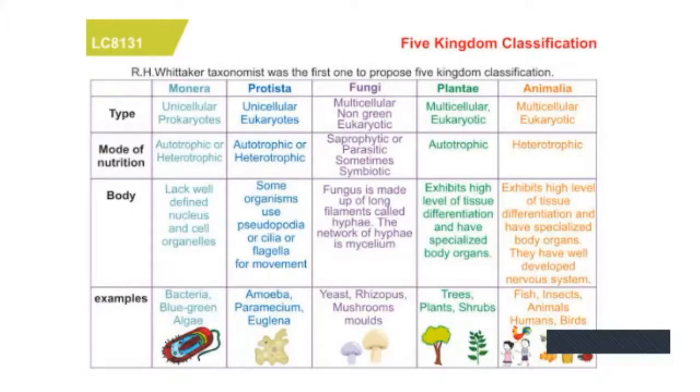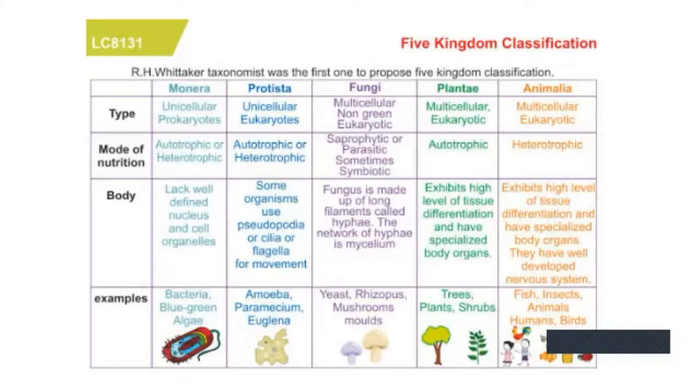Next, we are going to study Protista. The next kingdom is Protista: unicellular eukaryotes, autotrophic or heterotrophic. Some organisms use pseudopodia, cilia or flagella for movement.